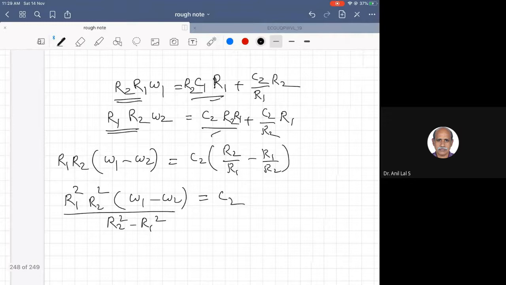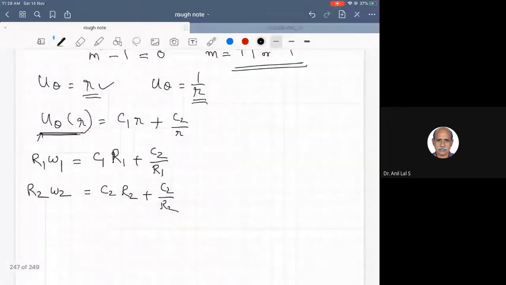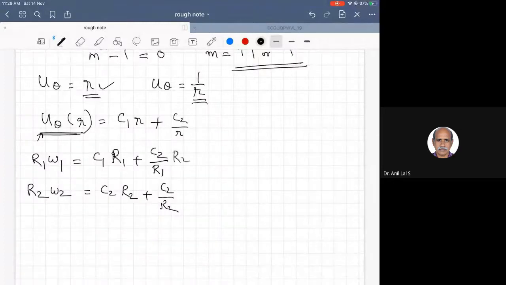Similarly, we need C1. To get C1, we have to get rid of C2. So we divide by R2, so there is an R2 here and an R2 here. Divided by R1, R1, R1. So these two things are the same.